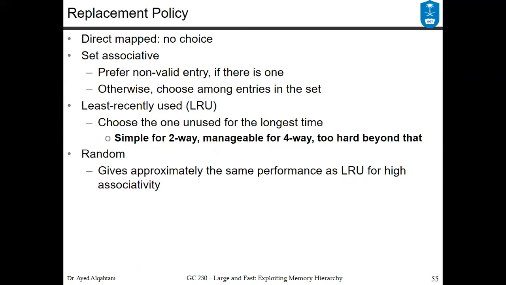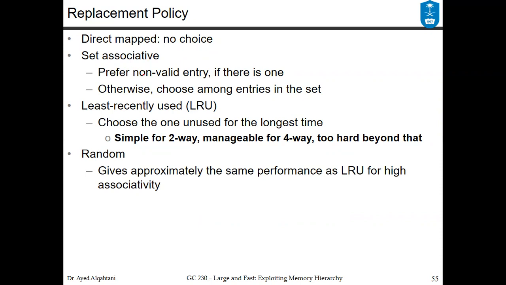Now, for a replacement policy, we've mentioned that in direct map, there is no choice. You have only one choice. Either you get the data, if it's the data that you are seeking, or you overwrite it by the new data. In a set associative cache, you have a choice when you are replacing, or when you need to write something new to the set that you already picked.